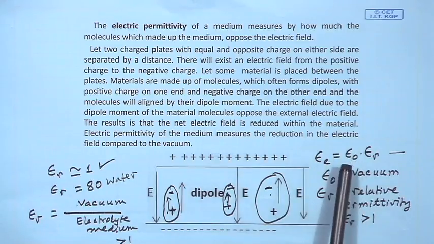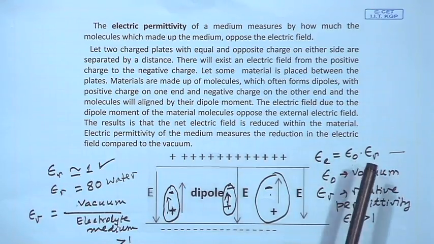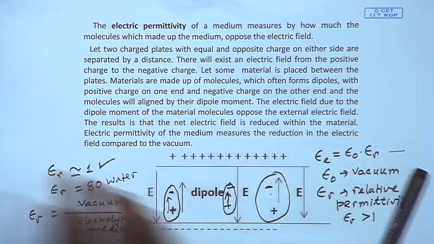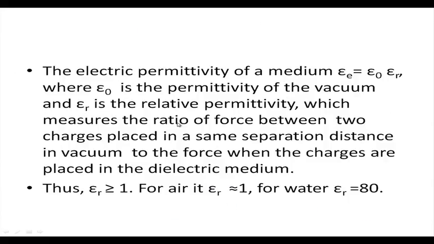That means the vacuum permittivity is multiplied by a dimensionless ratio. This is written in better words here, and this is the way we define the permittivity. It shows that the electric field developed in a medium will be lower compared to the electric field developed in the vacuum.